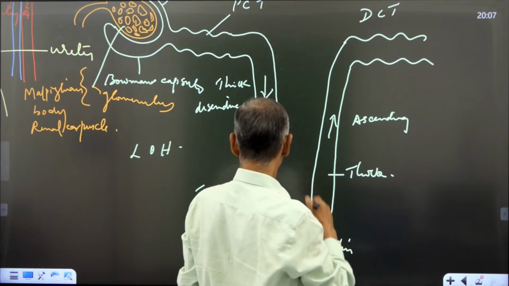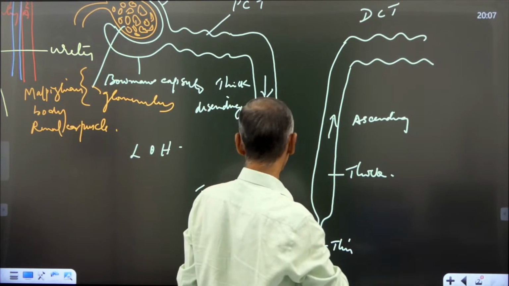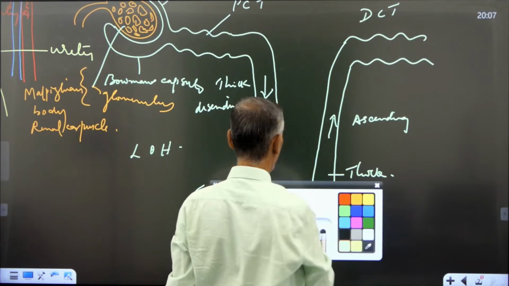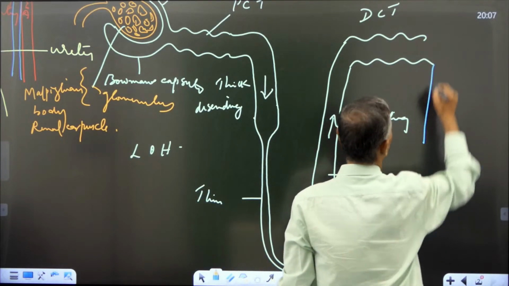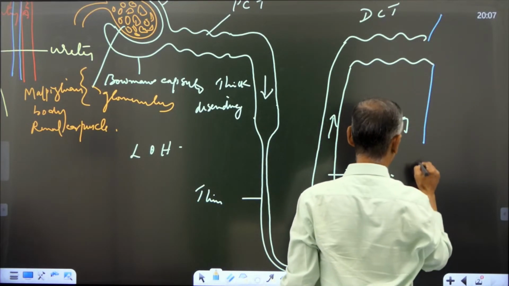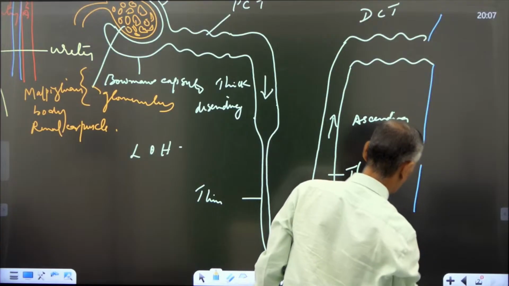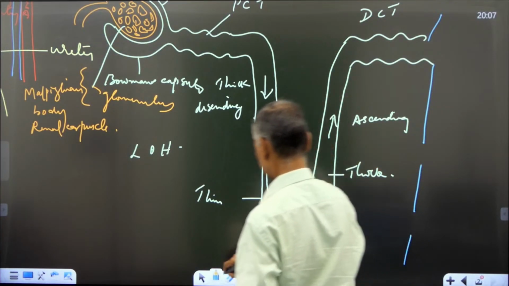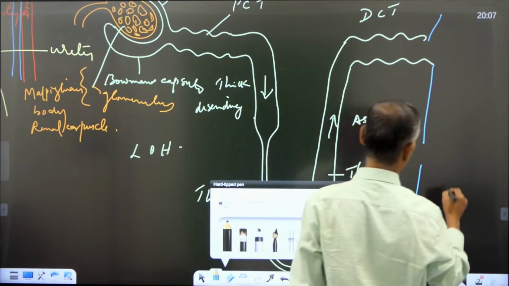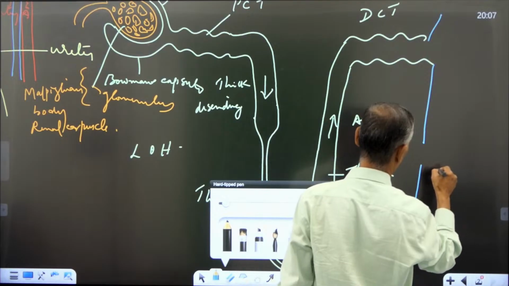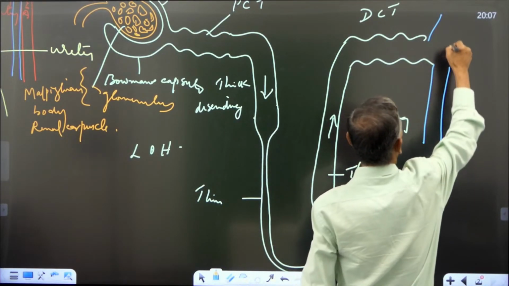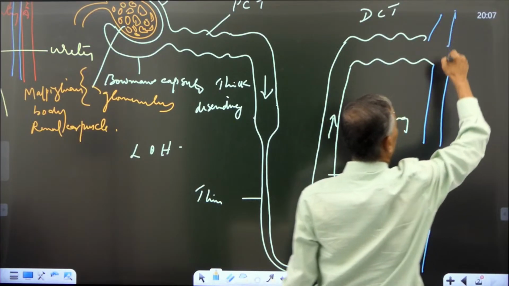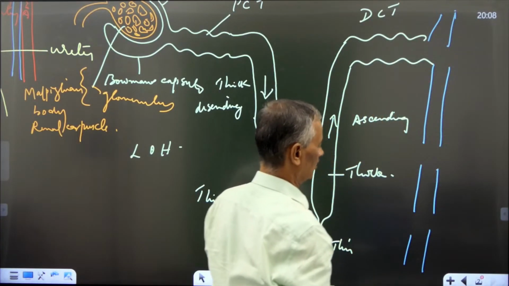Now these renal tubules all join a straight tube. That straight tube is called the collecting tubule. Why is it called a straight tubule? Because it is not coiled at all.